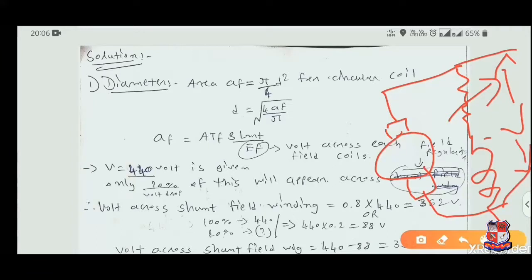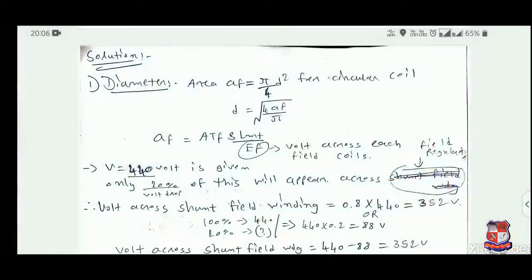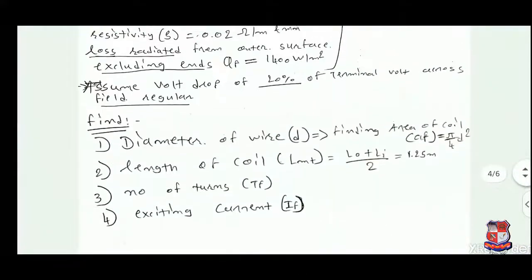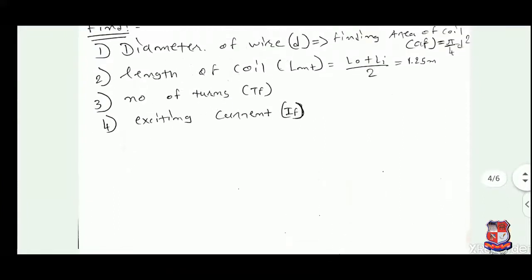Now this portion is our coil and this portion is the variable rheostat. It indicates the field regulator. So what is given is that a voltage drop of 20% occurs across the field regulator.